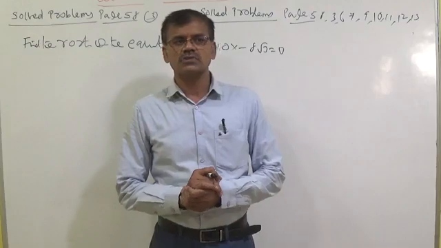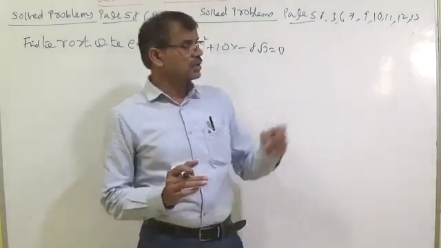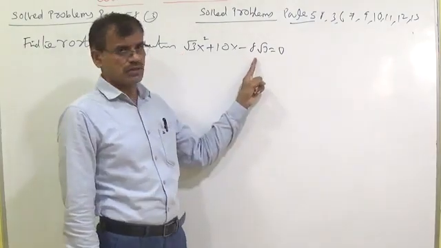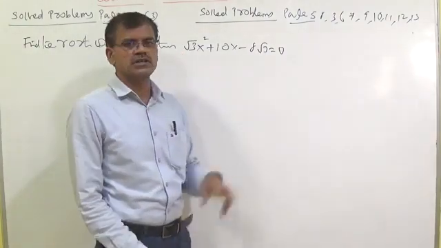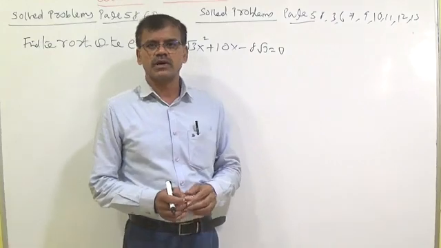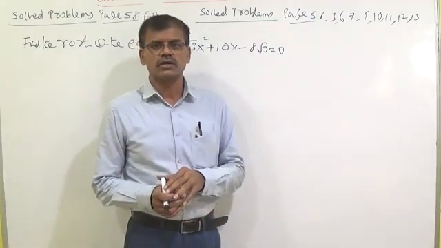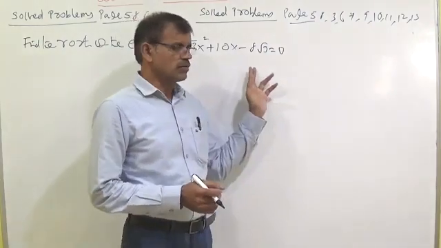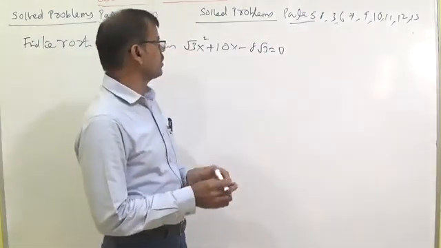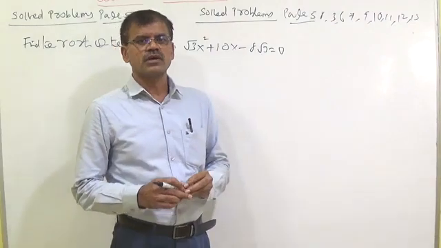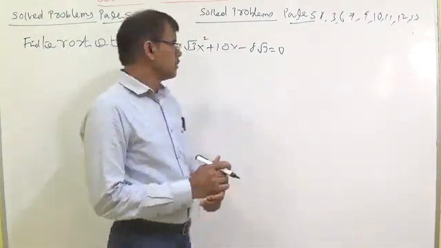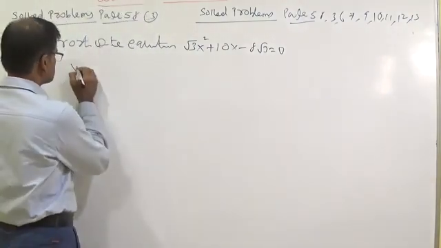If factorization or splitting the middle term is possible, then we can split the middle term using the factorization of the first term and the last term. Here root 3 into 8 root 3, that is 3 into 8, is 24. Depends upon 24, we should get two values such that by multiplying the two values you should get the answer 24, and by subtracting or adding you should get the value 10. Depends upon that condition.